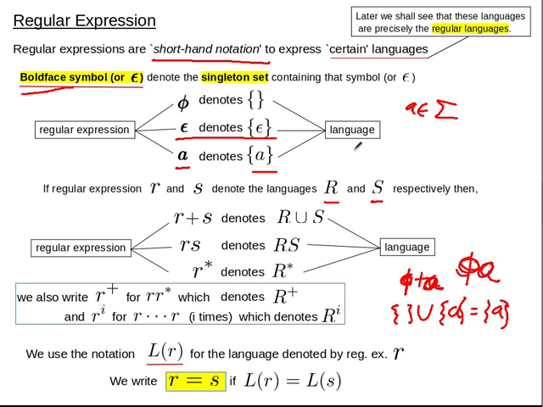Mathematically, we can write it as L of boldface epsilon is the language this. This is what we should write to be precise, and we have an equality here if the corresponding languages are equal, right?